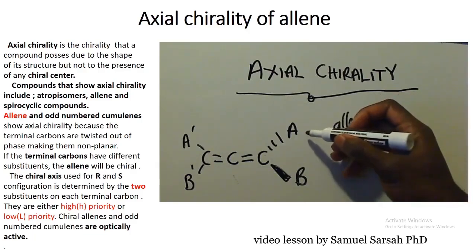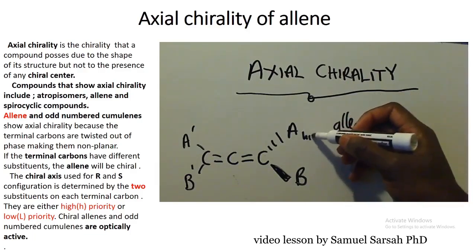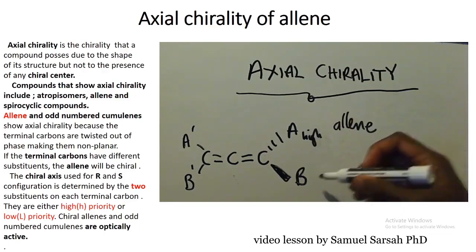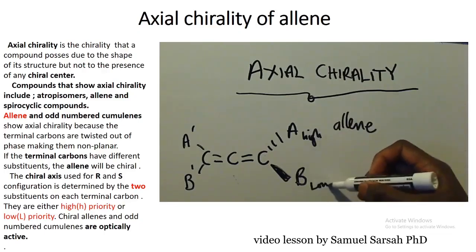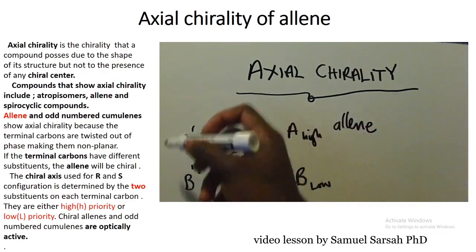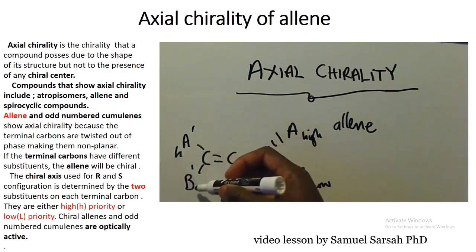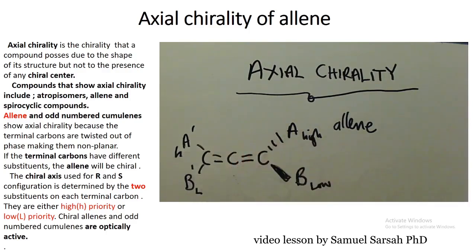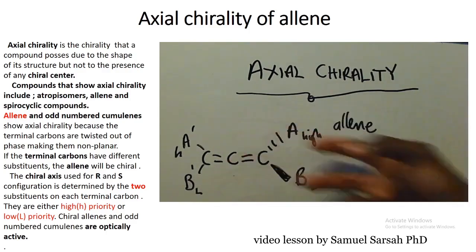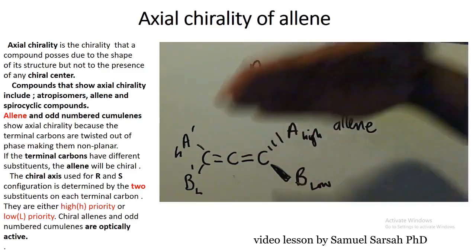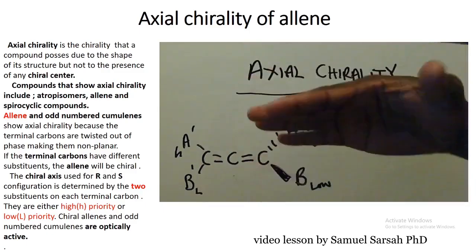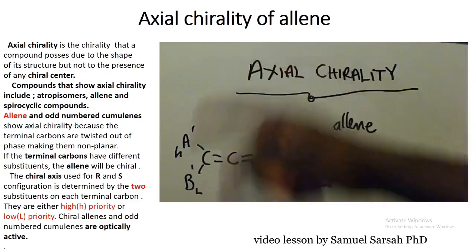So let's say A is high and then this is lower. And then over here, this is high and this is low. After doing that, you look at the molecule and how the substituents are arranged.